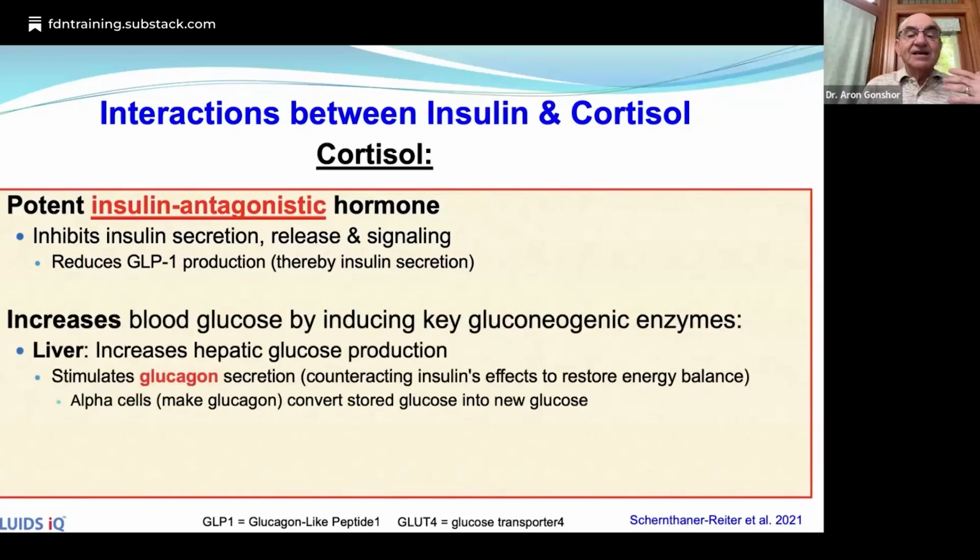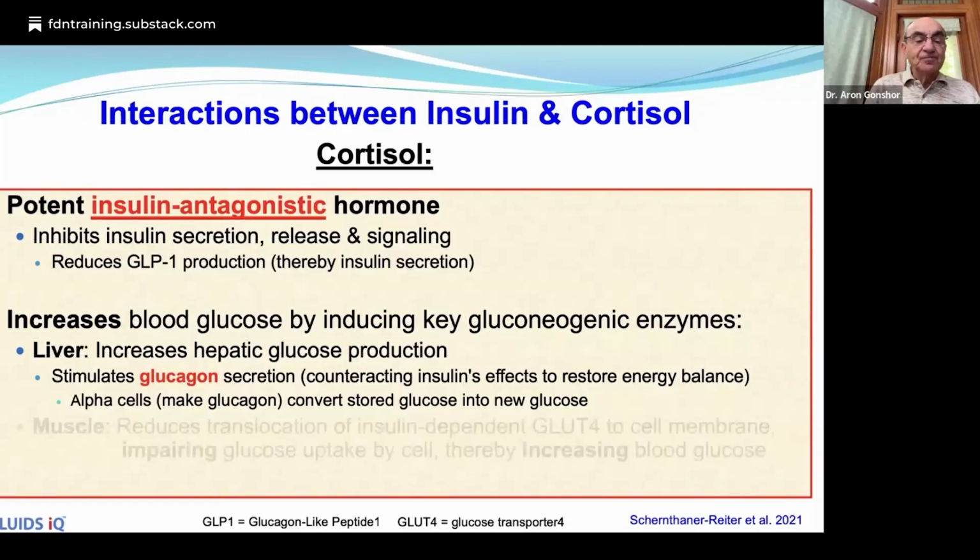Now, cortisol increases blood glucose by inducing key gluconeogenic enzymes, where, number one, in the liver, it increases hepatic glucose production. It stimulates, in fact, glucagon secretion, which is the opposite of what insulin would do.